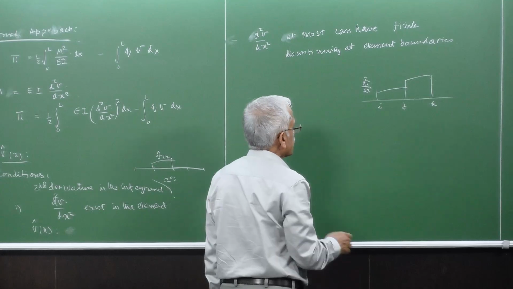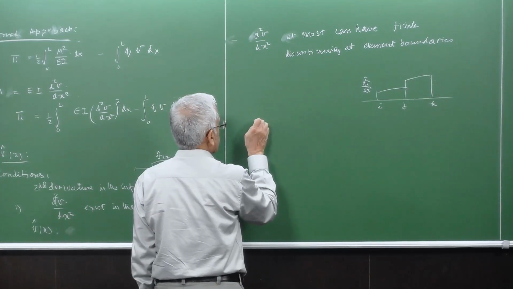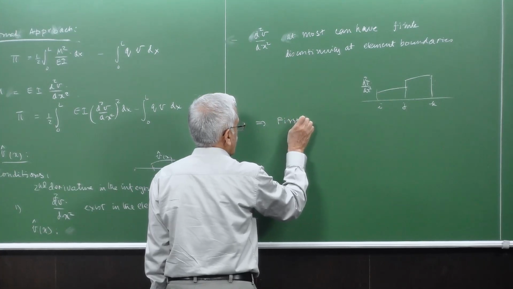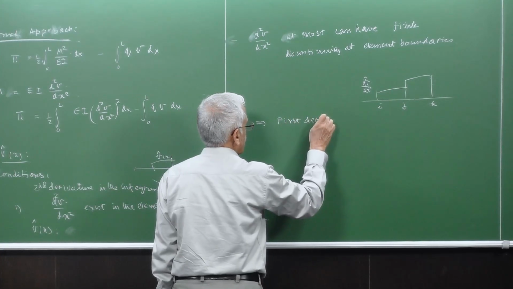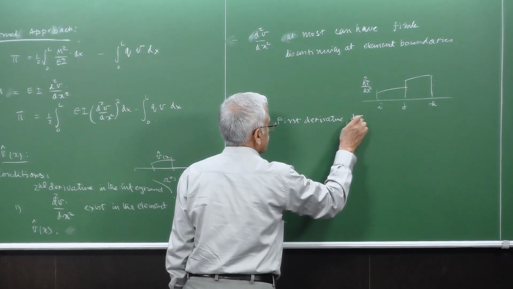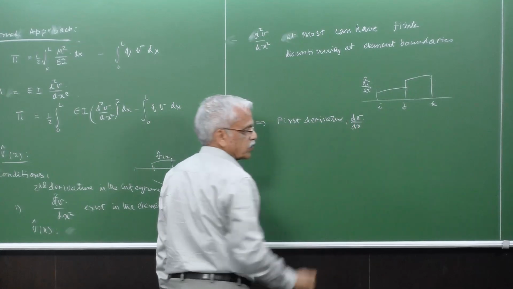So what does that mean? That means that the first derivative, that is dv by dx, has to be continuous.